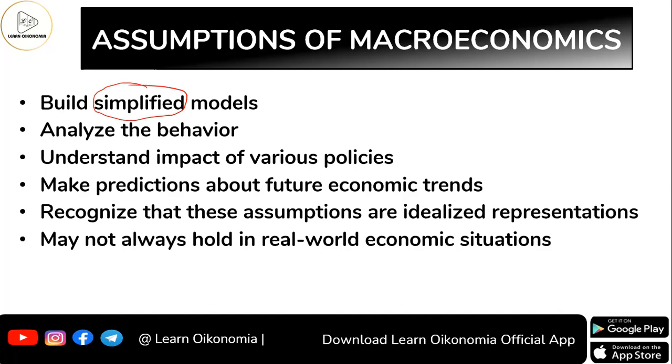So when we analyze the behavior of different units of the economy, different entities of the economy, we have to understand how these entities are impacted as a result of the policies taken by the government. So here again, we need to take into consideration something called the risk element.